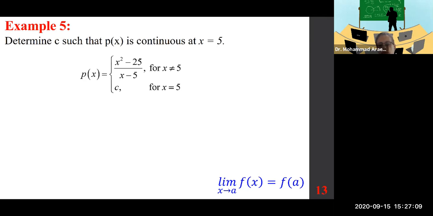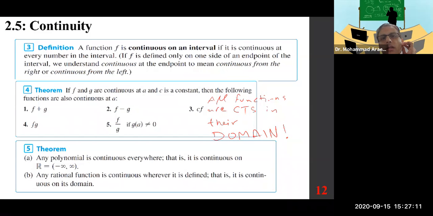Meaning what? Meaning if you claim a function is continuous, you got to be able to come up with their domain immediately. For example, a polynomial function, the domain is all real numbers. A rational function, all real numbers except what makes the denominator 0.